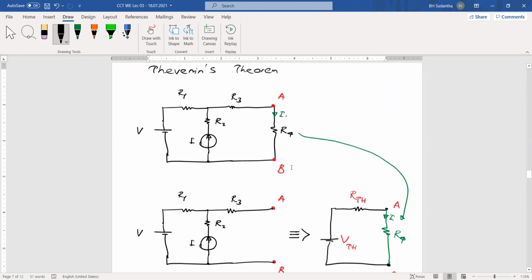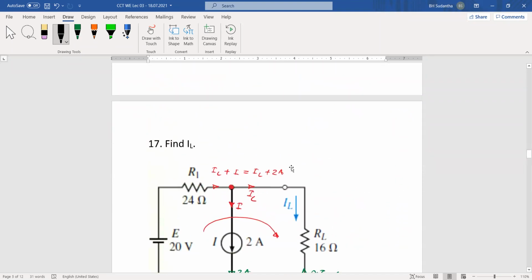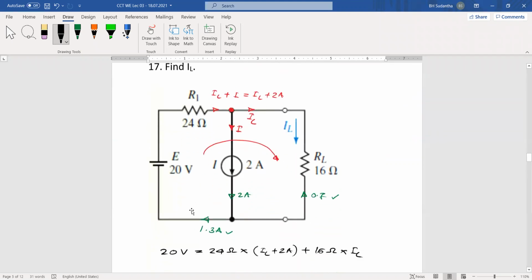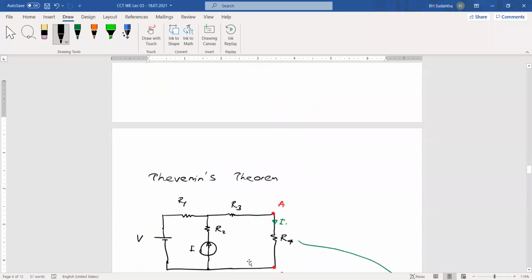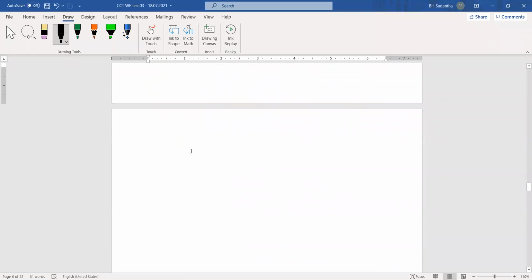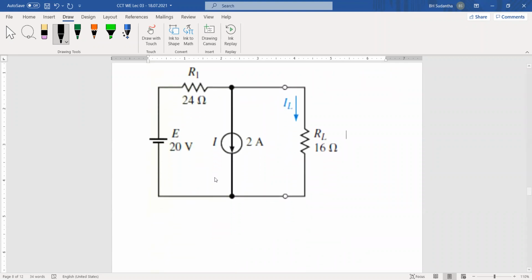Okay, we can try this problem, this one. For this question, we can apply Thevenin. Okay, using Thevenin's theorem, we can solve this one.